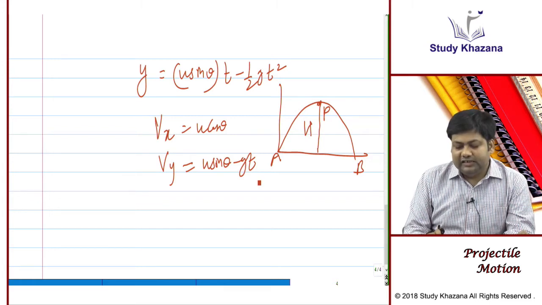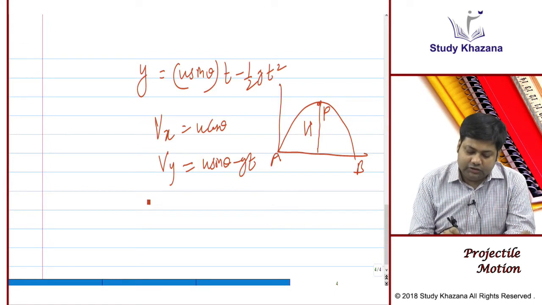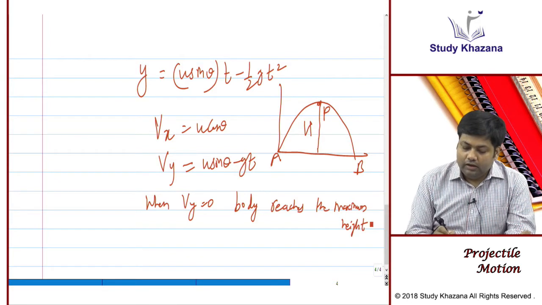Now as the time progresses, the value of time goes up and Vy decreases. At what value is Vy 0? When Vy is 0, the body reaches the maximum height.